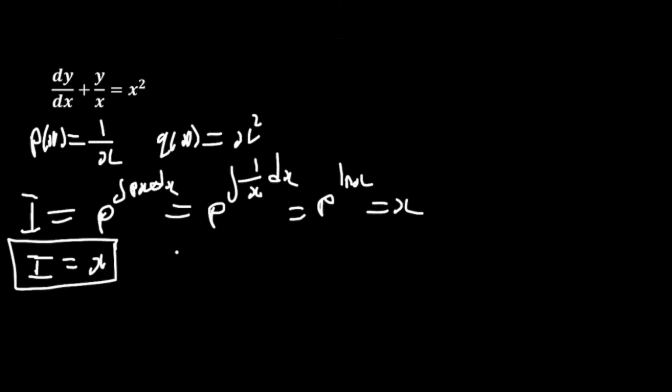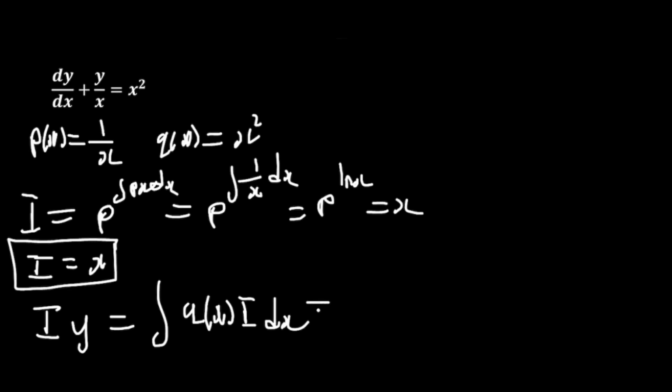Now, to get our solution, we have I y equal to the integral of q of x I dx. So this implies that we have x times y equal to the integral of x squared.